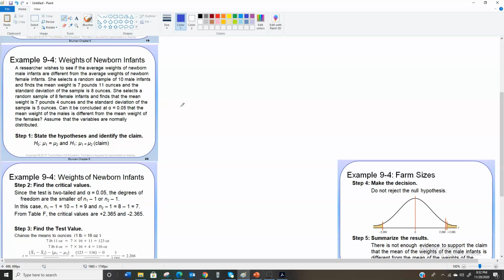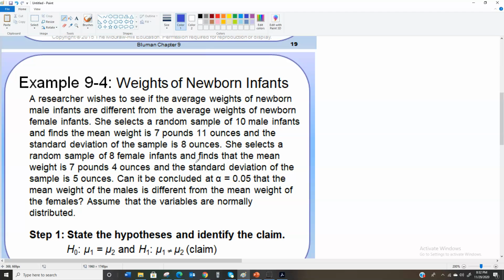So in this case, a researcher wishes to see if the average weights of newborn male infants are different from the average weights of newborn female infants. So she selects a random sample of 10 males and finds that their average is 7 pounds 11 ounces with a standard deviation.